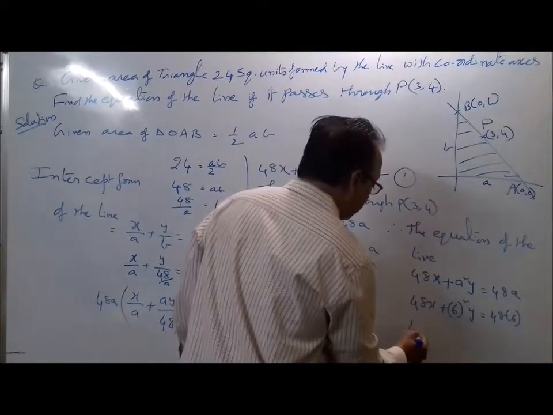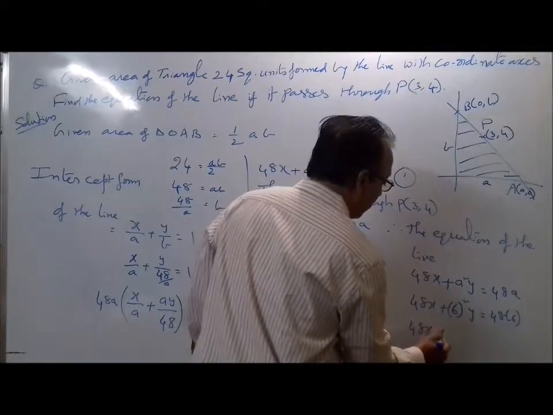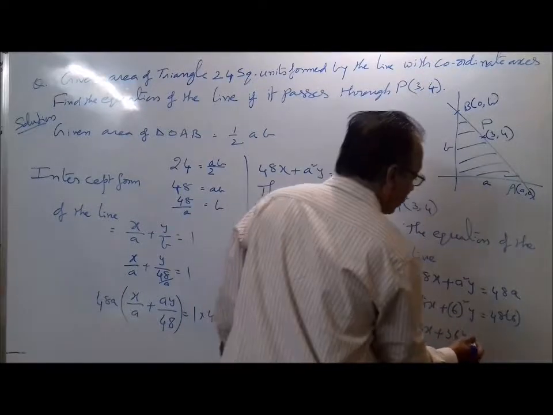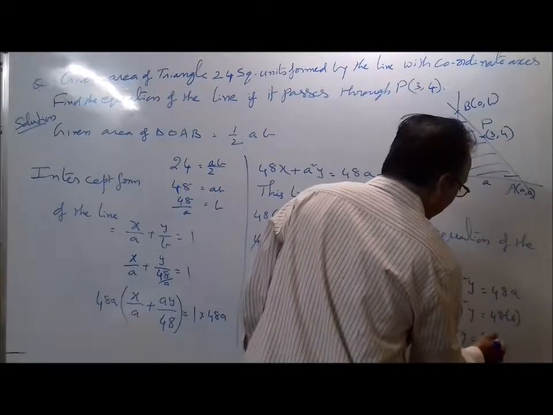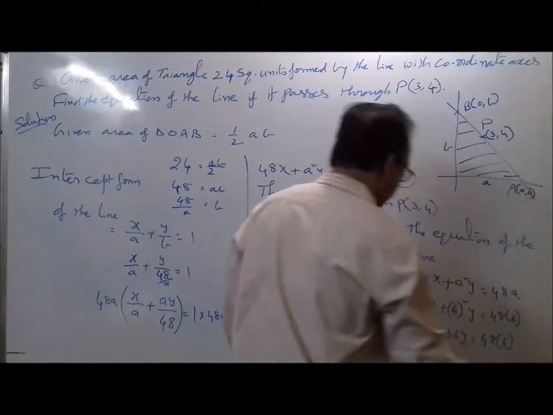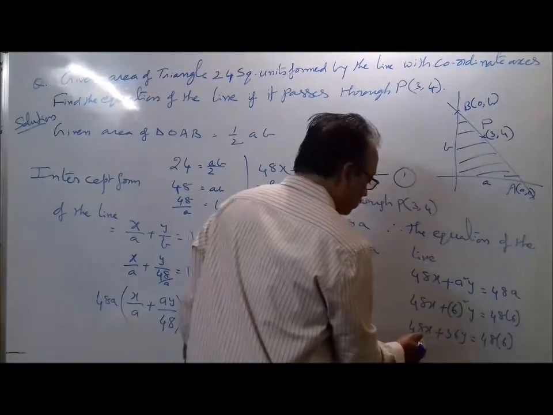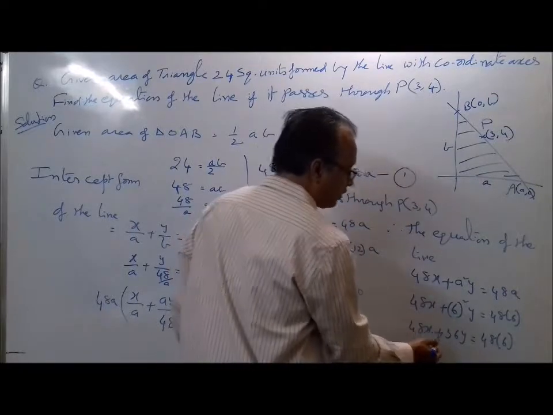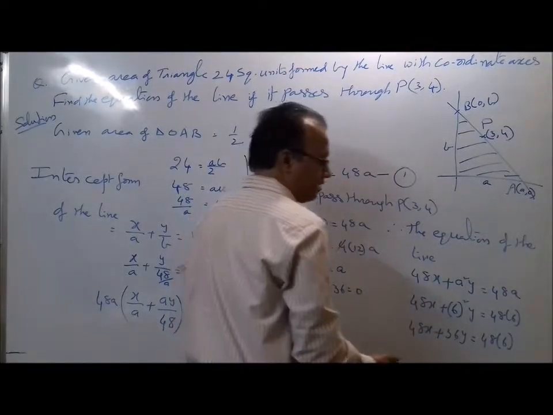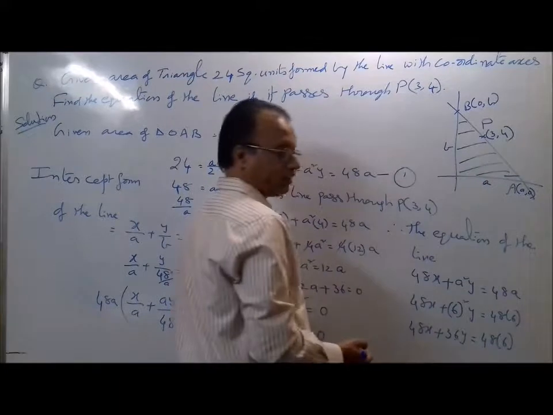That is 48x plus 36y is equal to 48 into 6. So I take 12 common: 12 fours are 48, 12 threes are 36, 12 fours are 48.